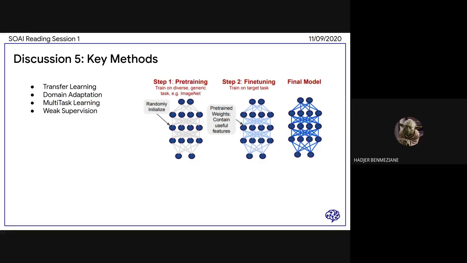Multitask learning is another approach where we have, for example, a medical image, and we don't want to just predict a disease, but we want to predict the disease, the patient age, the history of other related diseases, etc. So this is really beneficial if we want to check our model.